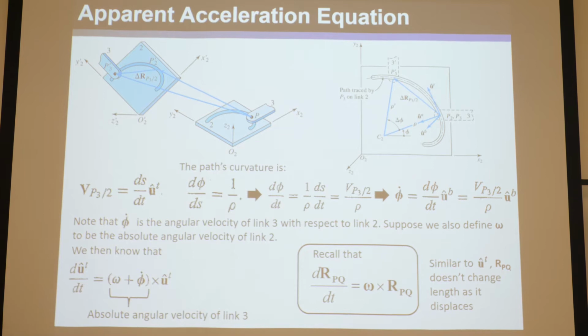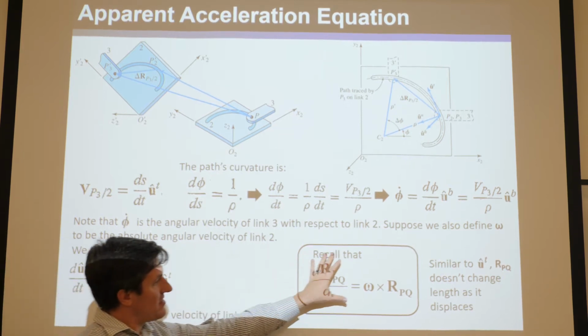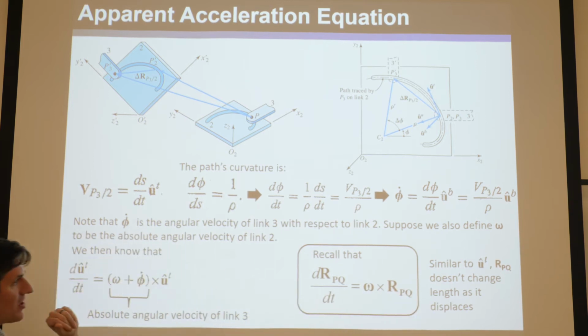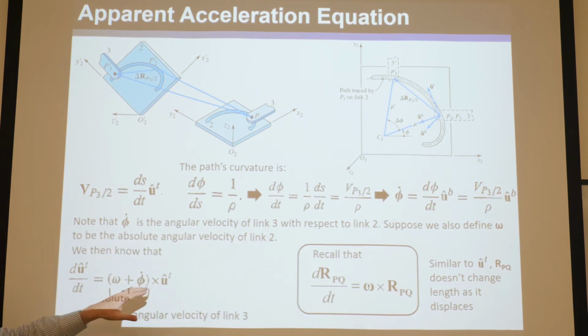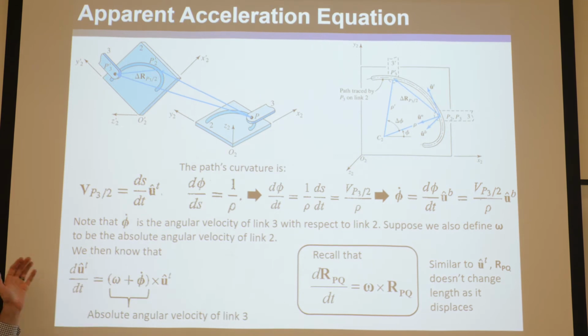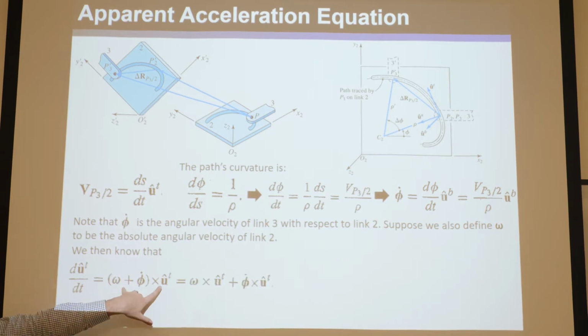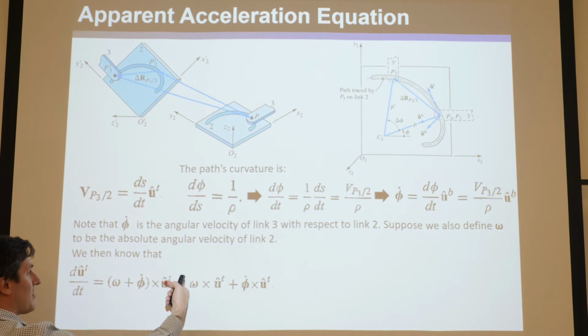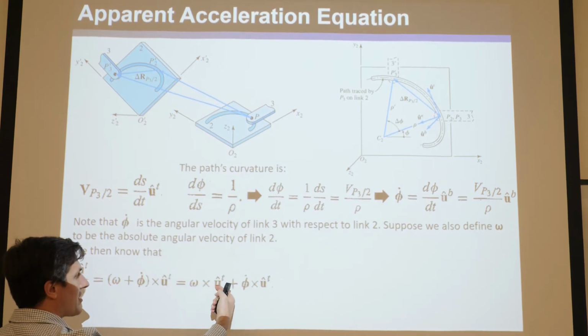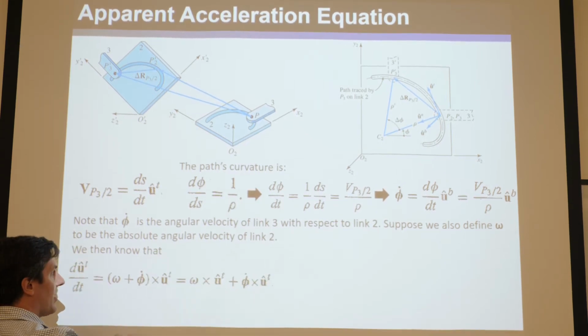Hopefully, since we proved this is true for RPQ, and you know that the magnitude of ut, just like RPQ, doesn't change, you can prove that this is true. If that's true, then you can distribute this in: omega cross this plus phi dot that cross that.